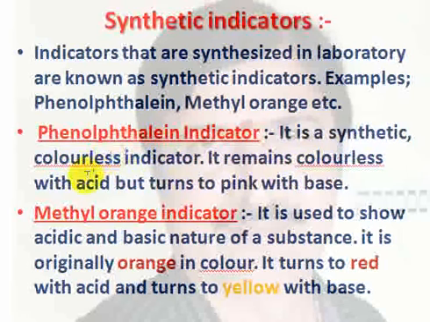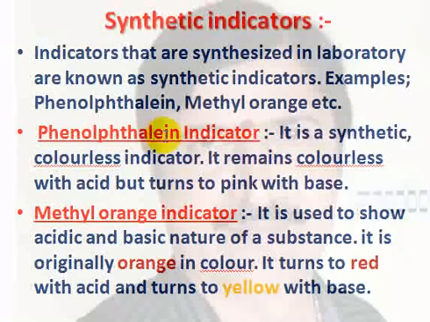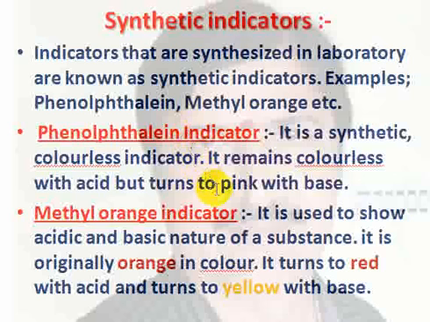The acid is colorless and phenolphthalein is also colorless. But when phenolphthalein is added to a base, it turns pink. So the colorless phenolphthalein gives pink color in the base. With the help of this, we can identify whether the given substance is an acid or a base.